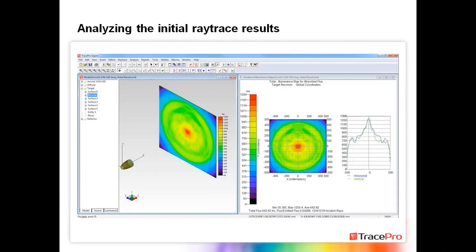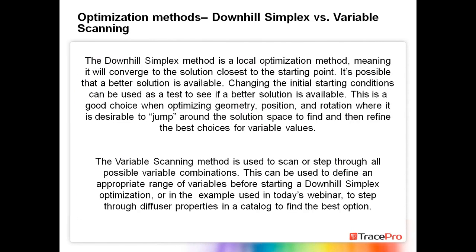A useful test of that is to just change the starting conditions and see if it optimizes to a better solution. This type of optimization method is a good choice when you're optimizing parameters such as geometry, position, and rotation, where it's desirable to jump around that solution space to find and then refine the best choices for variables.